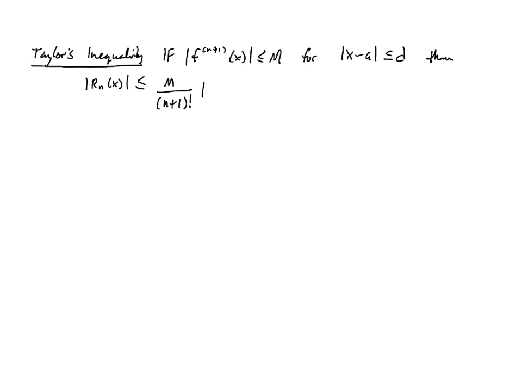If I take the n plus first derivative of my function, evaluate it at x, and take the absolute value, and I know that that is less than or equal to some fixed number M whenever my x's satisfy the absolute value of x minus a less than or equal to d, and here d is just some number, then I get to conclude that the absolute value of the nth remainder is less than or equal to M divided by (n plus 1) factorial times the absolute value of x minus a to the n plus 1.